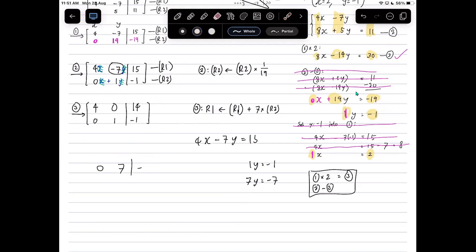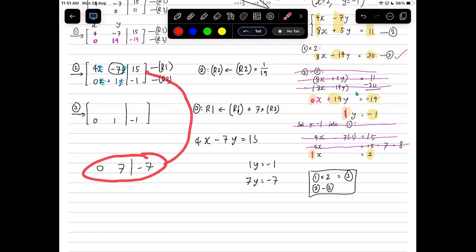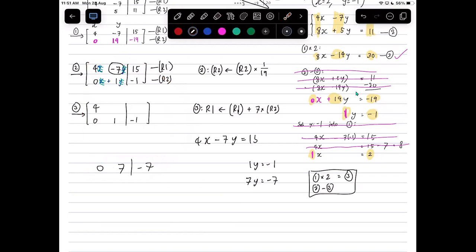Over here should be negative 7. Let me try again. Here is 0, 1, negative 1. You times 7, you get 0, 7, negative 7. You add on to your row 1 and you get your new equation. Let's see what happens. 0 plus a 4, get a 4. 7 plus a negative 7, you get a 0.